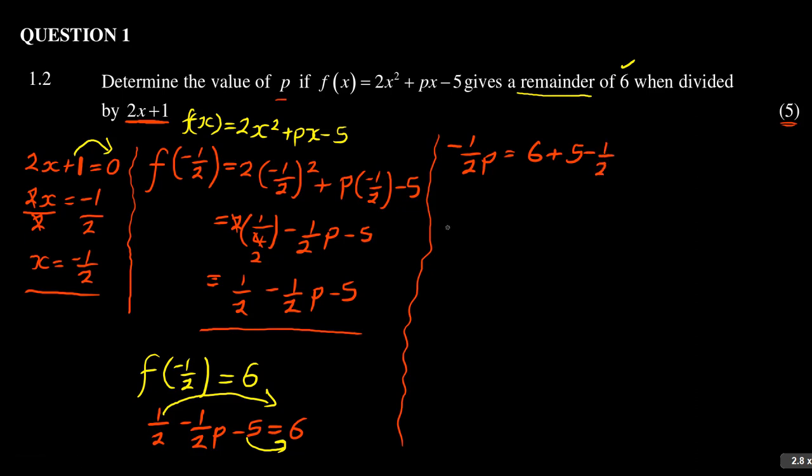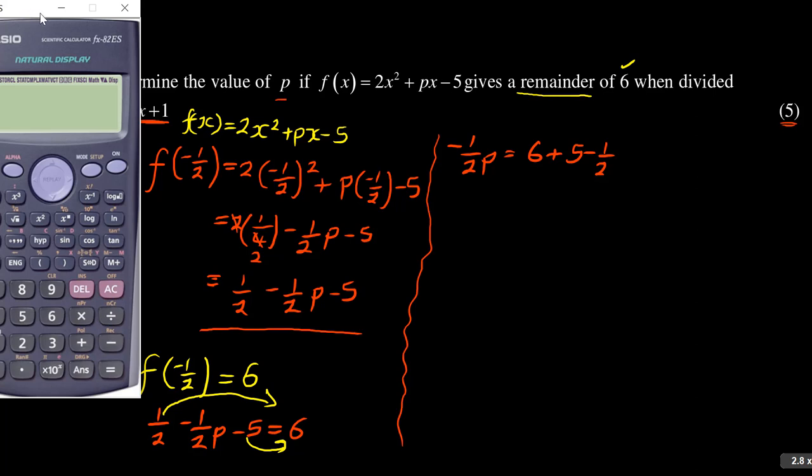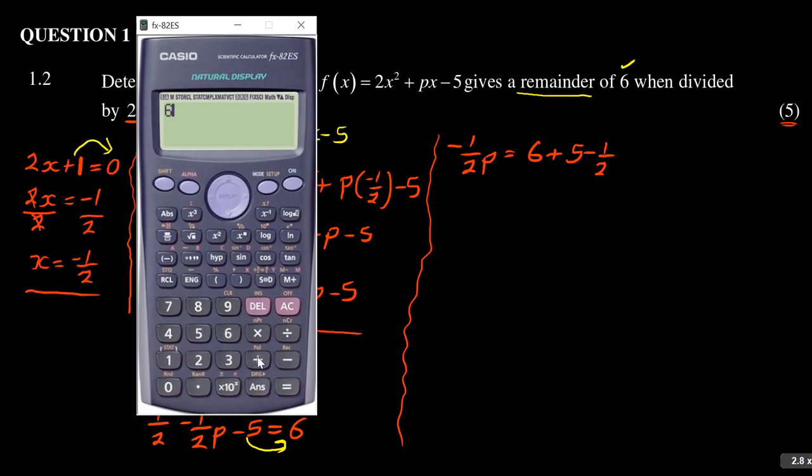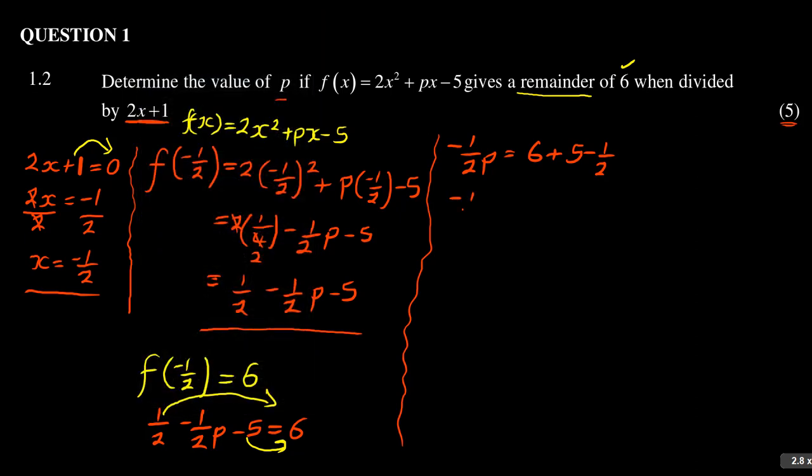So now you can use your calculator, which is 6 plus 5 minus a half. You've got 21 over 2. So now you've got minus 1 over 2 p is equal to 21 over 2.